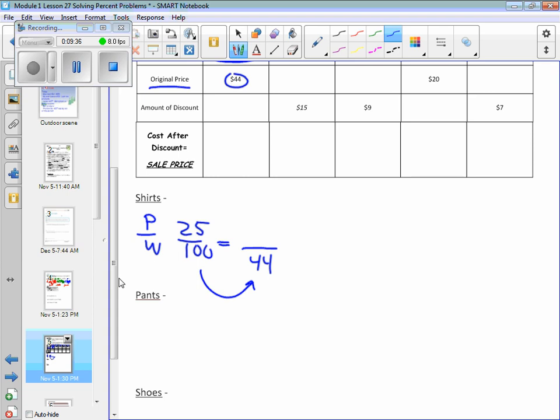Okay, Nick, if you reduce it to 5 over 20, we're still stuck, because 20 can't go into 44. You got to keep going. That's it. When you get to 1/4, it works out nice.